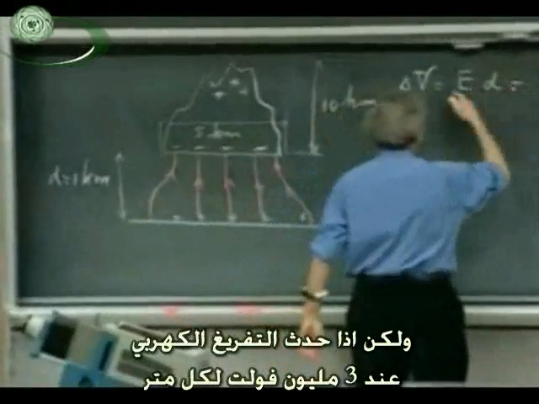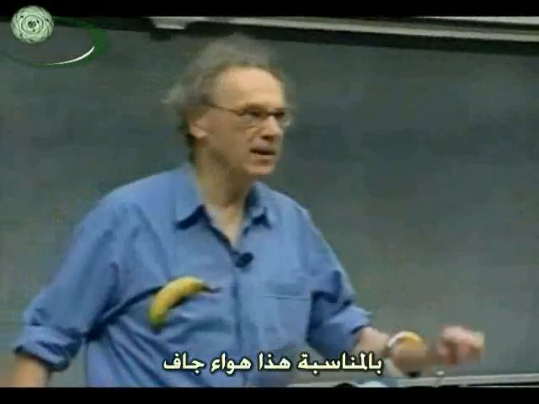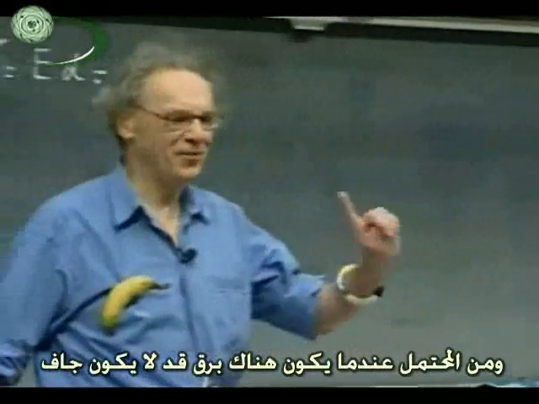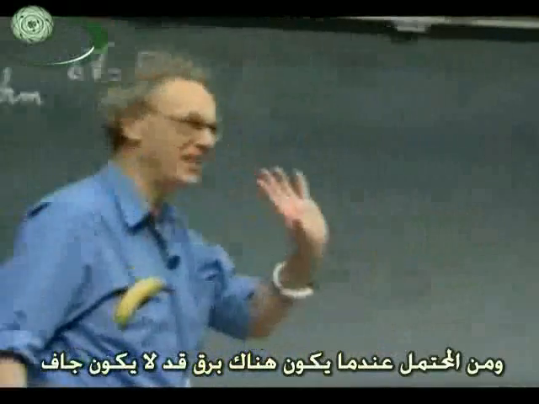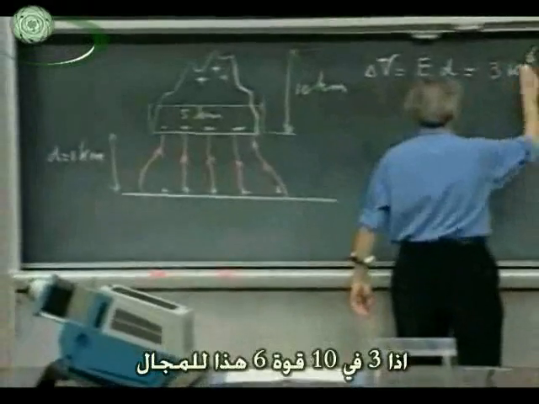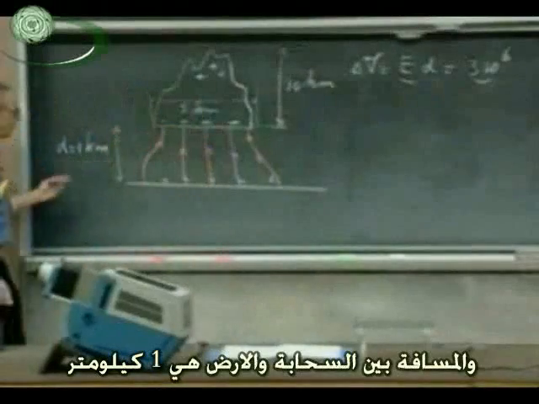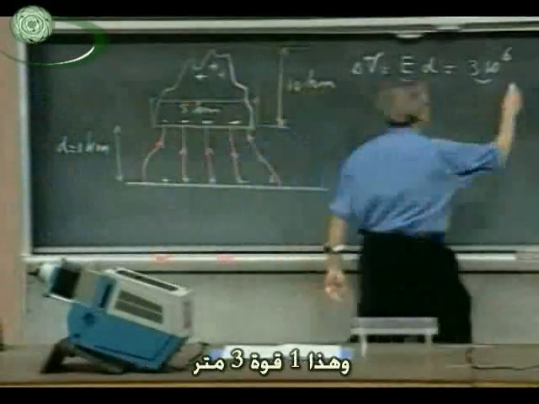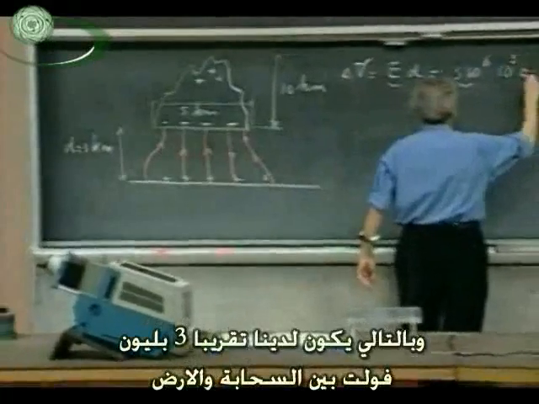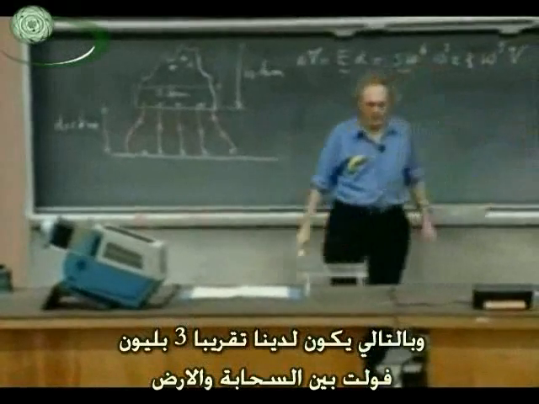The breakdown occurs at 3 million volts per meter, by the way, that's dry air. When there's a thunderstorm, it's probably not so dry. But let's take the 3 million volts per meter. So we get 3 times 10 to the 6 for E. And the distance between the cloud and the Earth, let's take 1 kilometer. So that's 10 to the 3rd meters. So we get of the order of 3 billion volts between the Earth and the clouds.